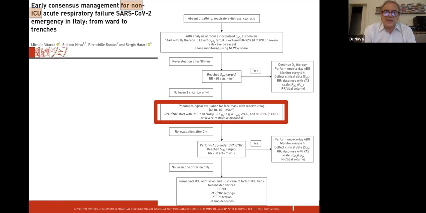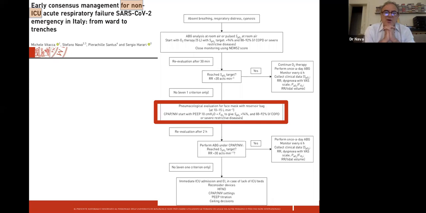We needed to put together a bunch of people working outside the ICU. I have an ICU also, but most of my colleagues, pulmonologists, work outside the ICU. We needed to put together what we call an early consensus management for non-ICU treatment of acute respiratory failure during COVID-19 infection.